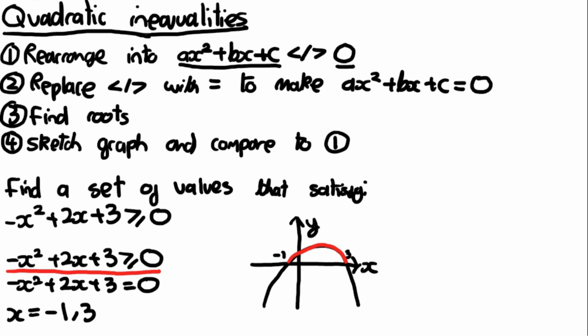And therefore, using the roots, we can find that the set of solutions is going to be when x is bigger or equal to minus 1, because remember, it can be equal to 0 as well, so it can be the root. Minus 1, 0 is the root. So x needs to be bigger than minus 1, but it needs to be less or equal to 3.